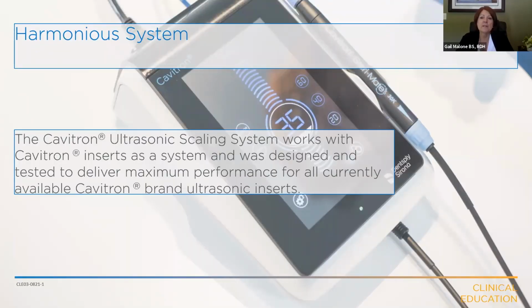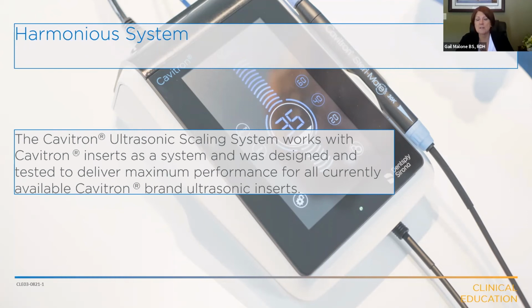Now, as mentioned earlier, Cavitron ultrasonic scaling systems work with Cavitron inserts as a system. They were designed and tested to deliver maximum performance for all of the currently available Cavitron branded ultrasonic inserts. So this is a harmonious system. The IFU for a Cavitron device includes a statement.